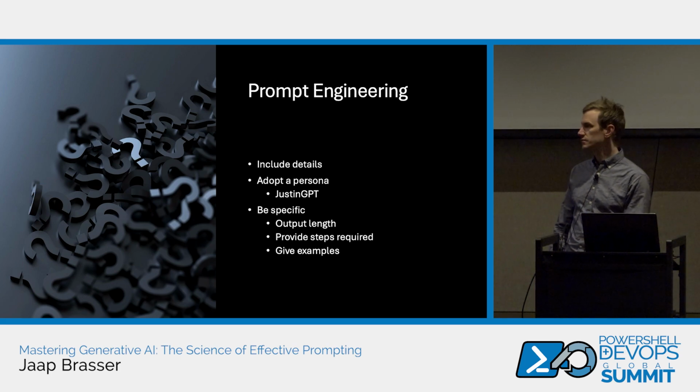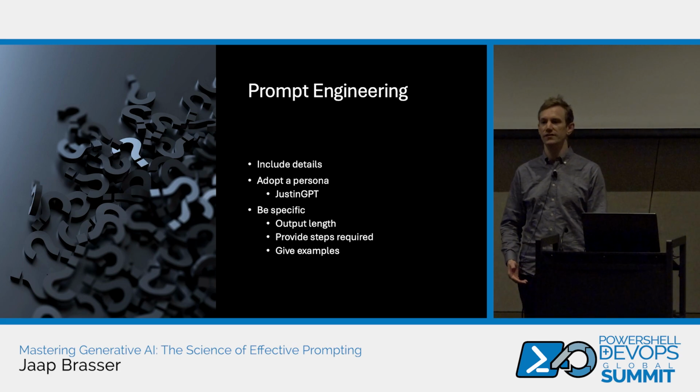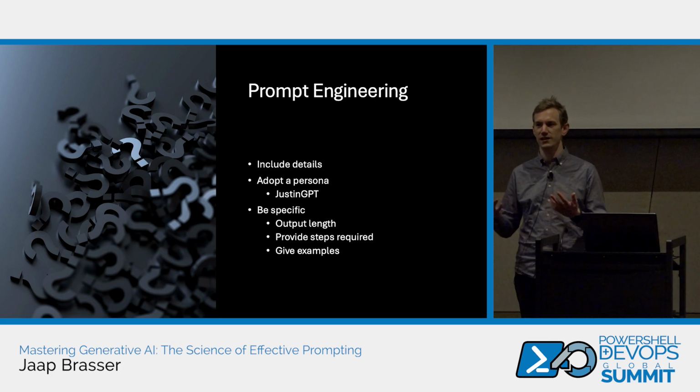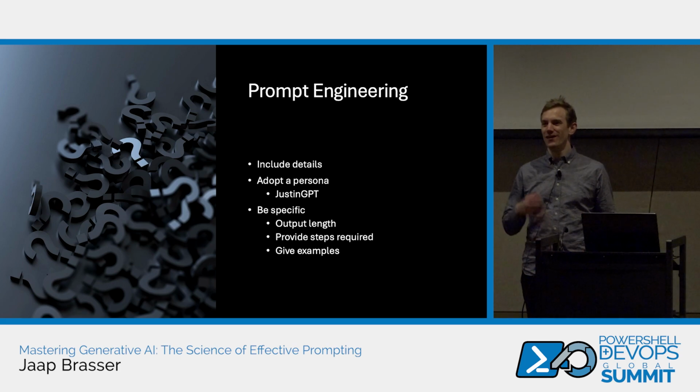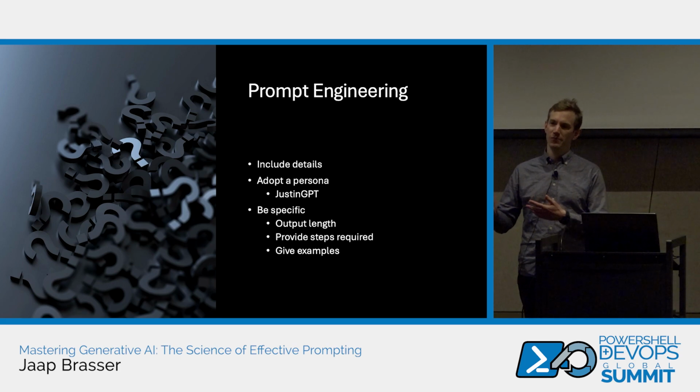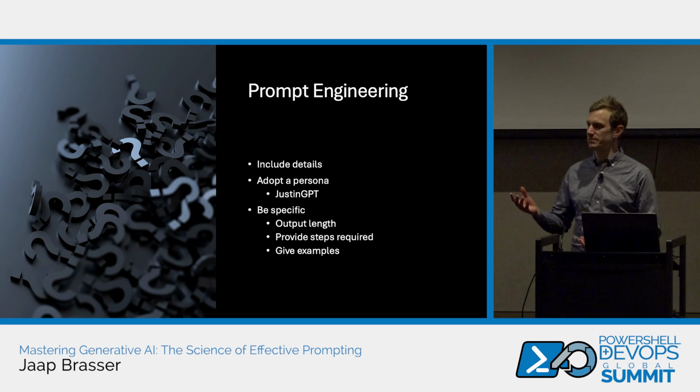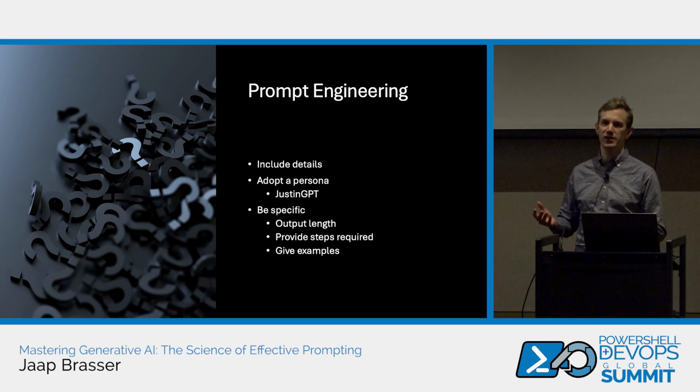In addition to that, you can ask it to adopt a persona, or tell it that it is a software developer with 30 years of PowerShell experience. So therefore, it would be the only person on the planet that has 30 years of experience with PowerShell. But by guiding it and putting it in that state of mind that it should reason from that perspective, you can get better results.